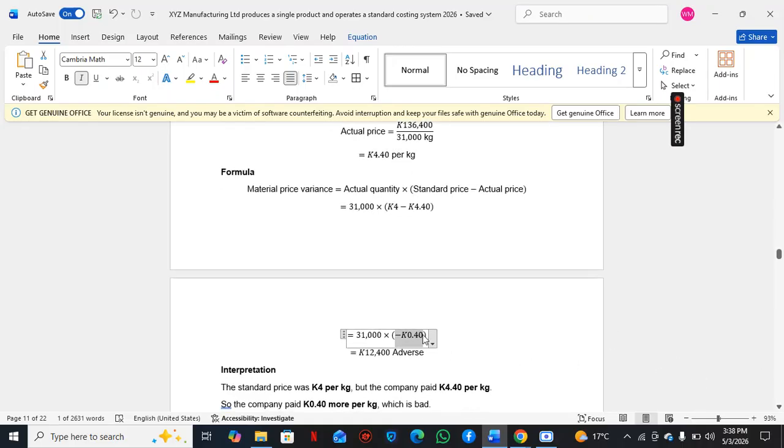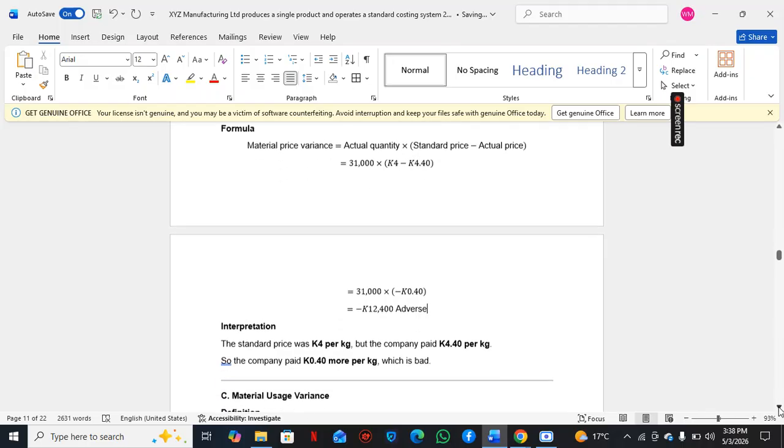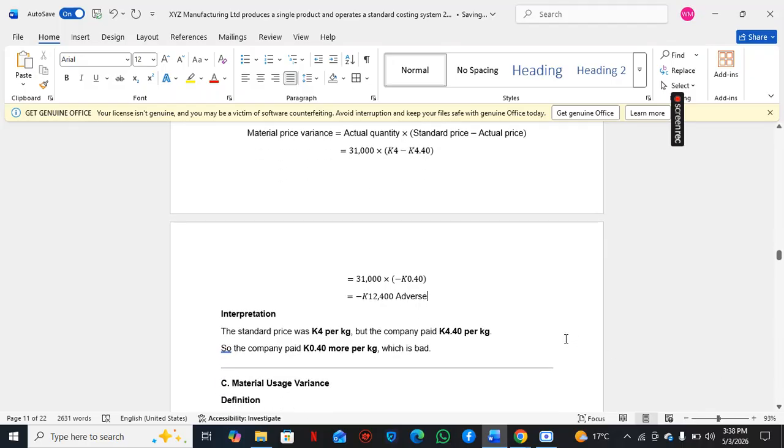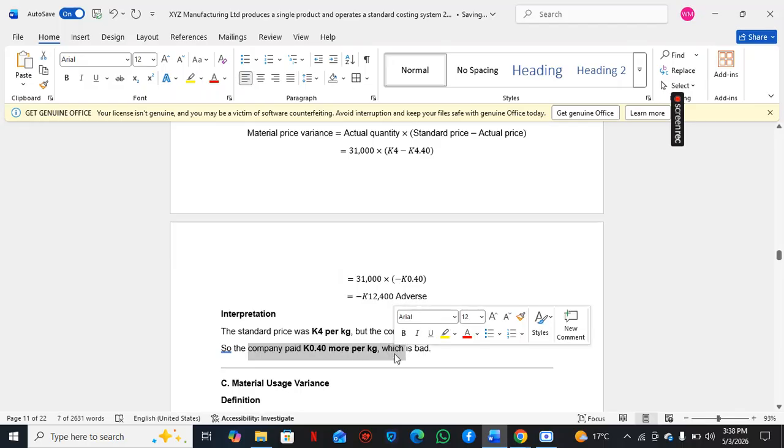So 31,000 times negative 14 ngwe, you get negative 12,400 adverse, meaning we paid more per kg for the materials. The company paid 14 ngwe more per kg, which is bad.